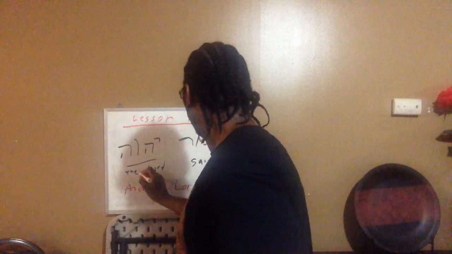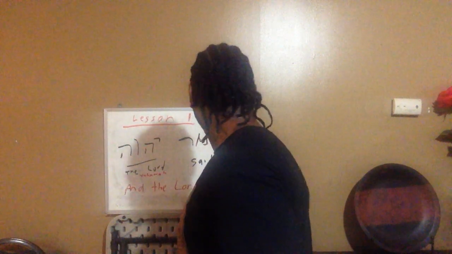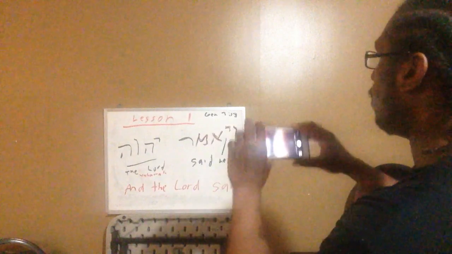So, and the Lord, or his name is Yahweh, said. So that's a lesson right there. Good. So that would be lesson 1 under the qual system of Vav Conversive. And the Lord said.